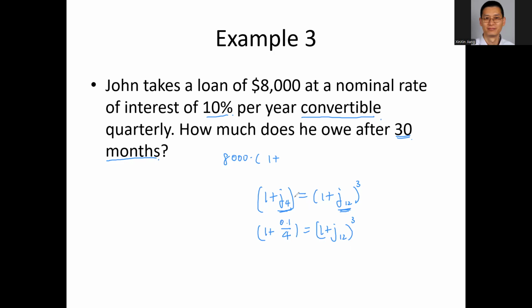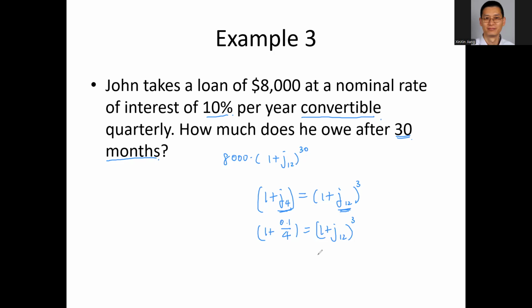All right. And then you put this monthly effective rate here, and you have 30 months. So here the unit is monthly. I think it's relatively easier because you are dealing with the effective monthly rate and 30 months.